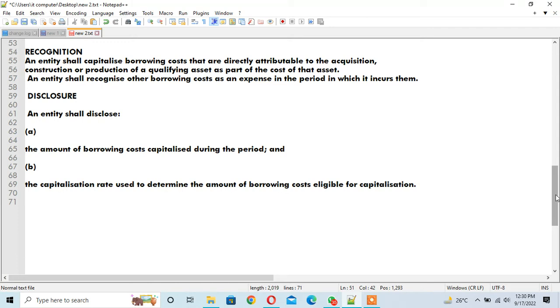These numbers are disclosed in the notes to the accounts. An entity should disclose the amount of borrowing cost capitalized during the period and the capitalization rate used to determine the amount of borrowing cost eligible for capitalization. This is all about the borrowing cost.